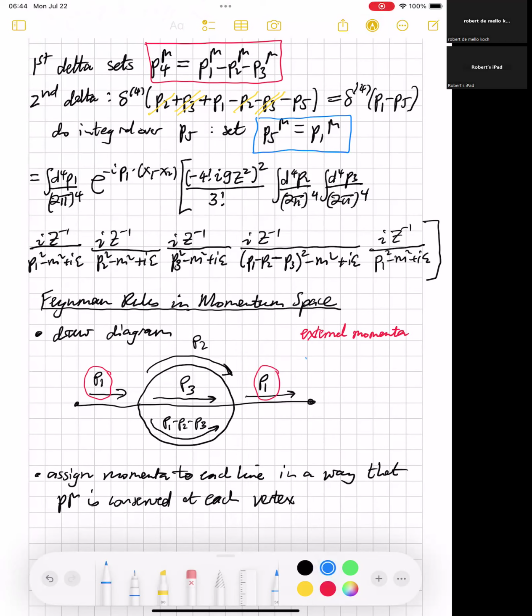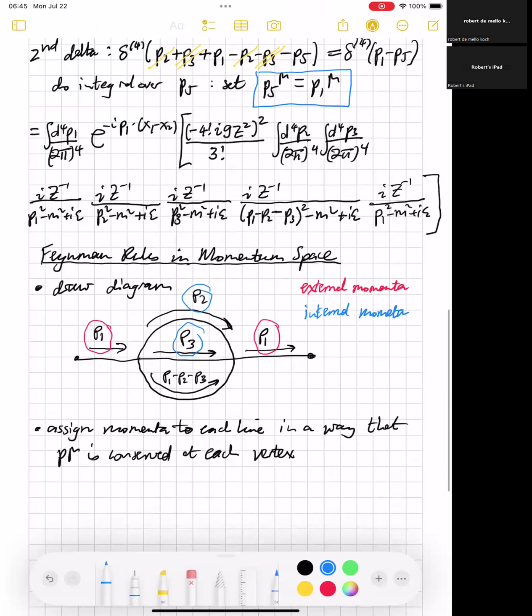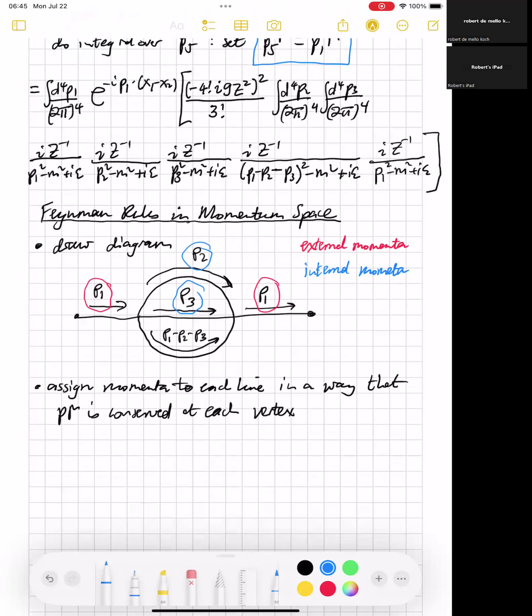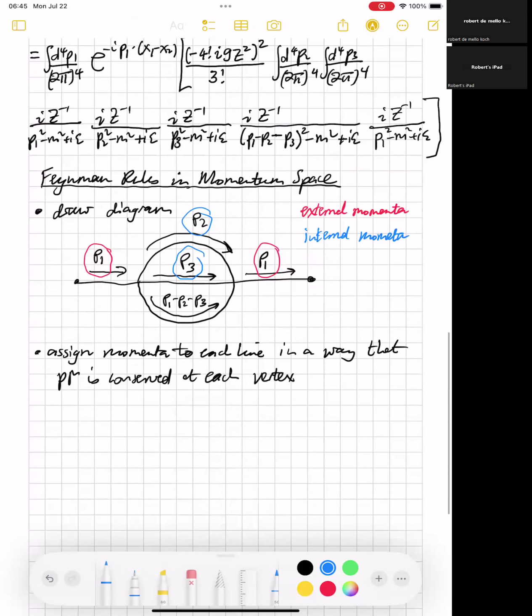We've also got internal momenta, which are the momenta on lines that do not connect to dots. So p2 and p3 would be internal momenta. This last momentum, p1 minus p2 minus p3, is an internal momentum, but it's not independent of the momenta that we've written down so far.